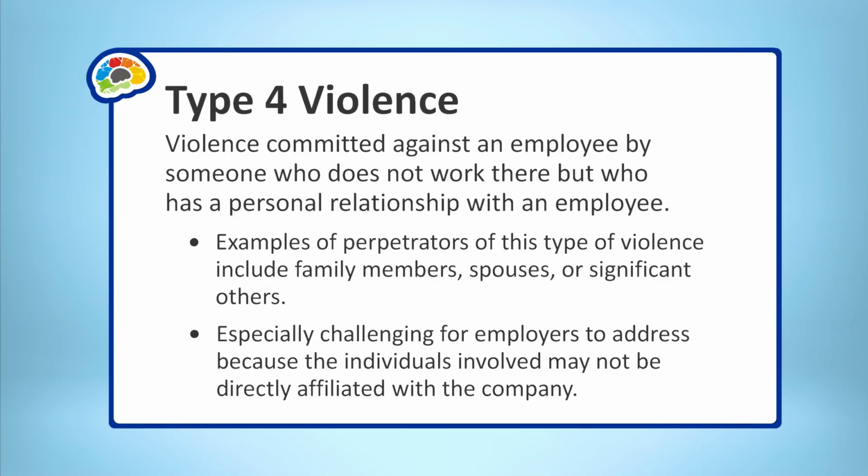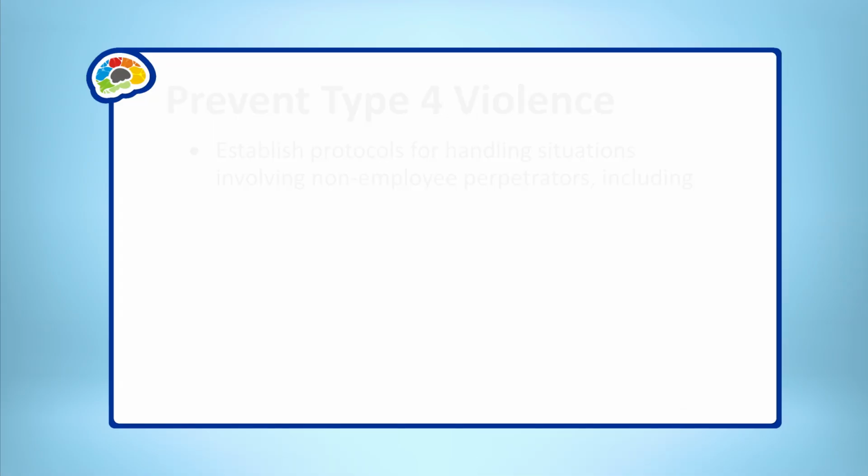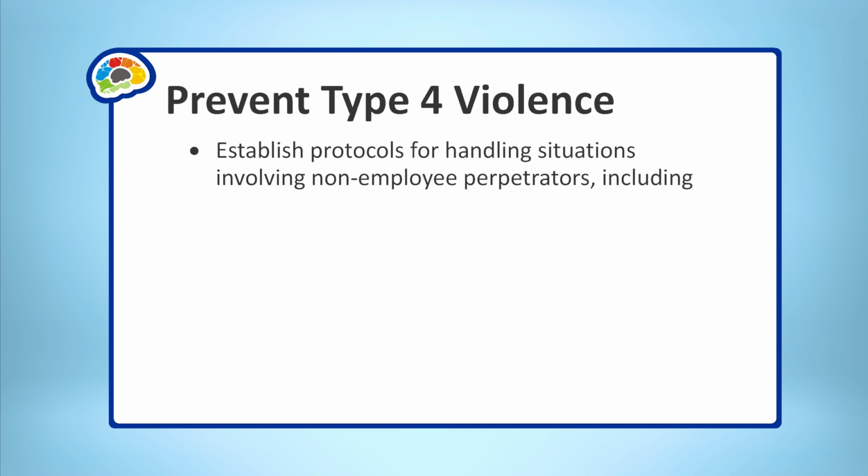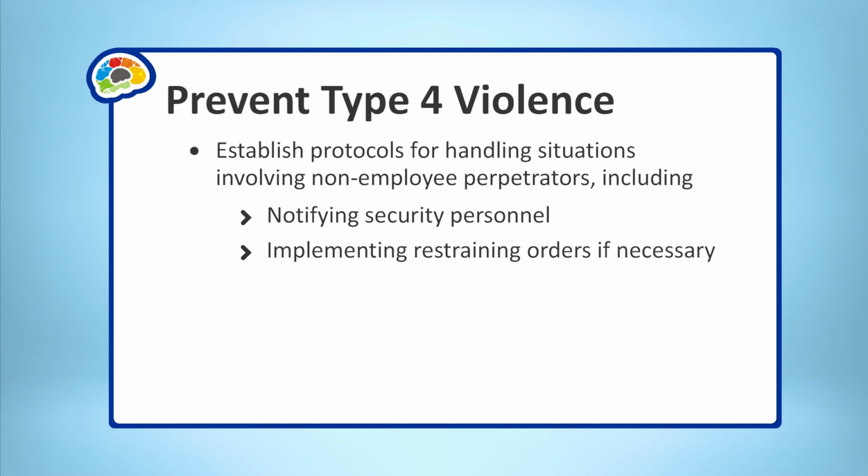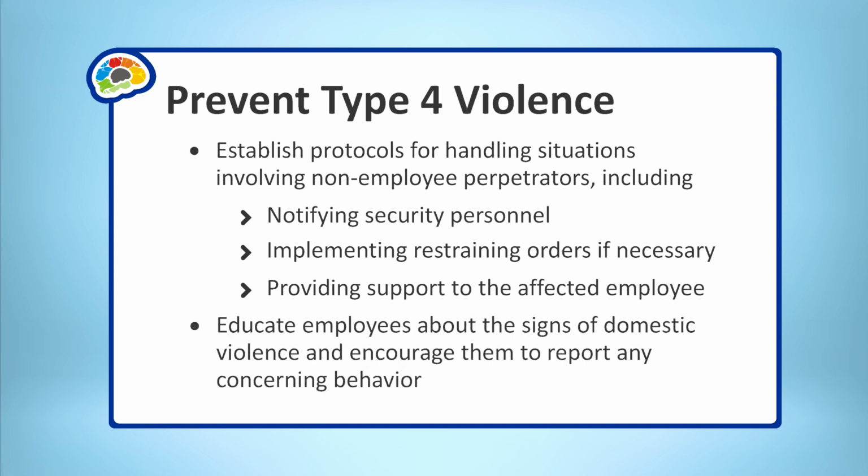It can be especially challenging for employers to address because the individuals involved may not be directly affiliated with the company. To help prevent Type 4 violence, employers should establish protocols for handling situations involving non-employee perpetrators, including notifying security personnel, implementing restraining orders if necessary, and providing support to the affected employee. Additionally, educating employees about the signs of domestic violence and encouraging them to report any concerning behavior can help mitigate the risk of Type 4 violence in the workplace.